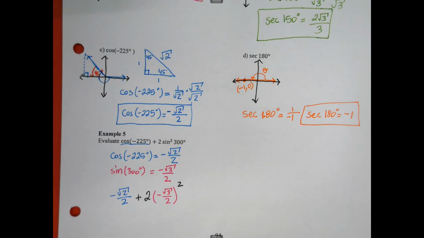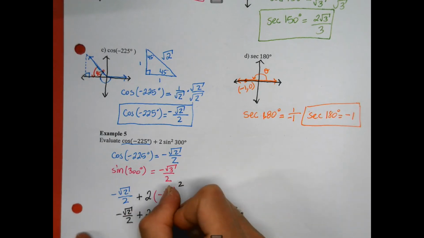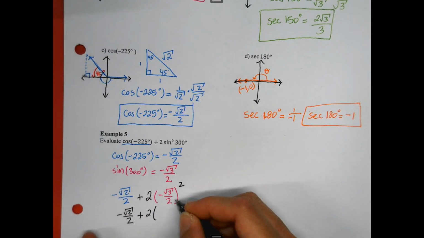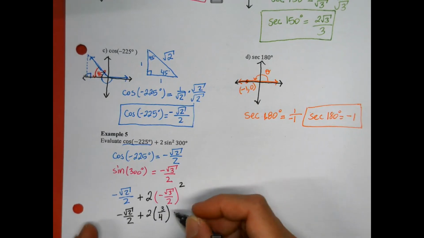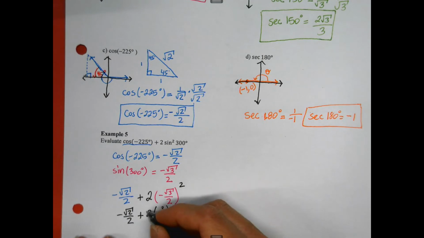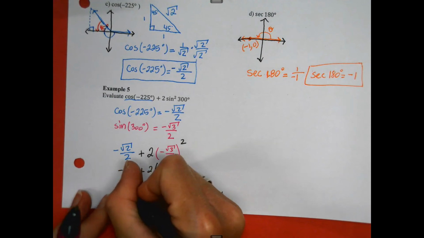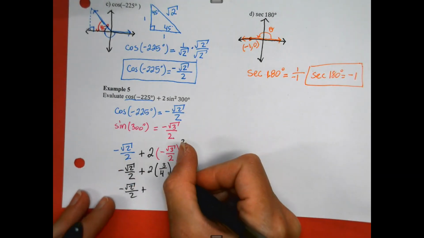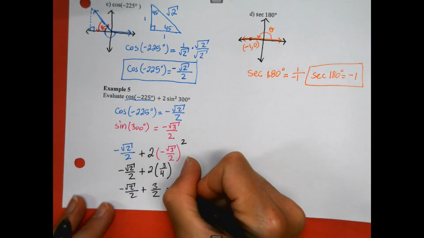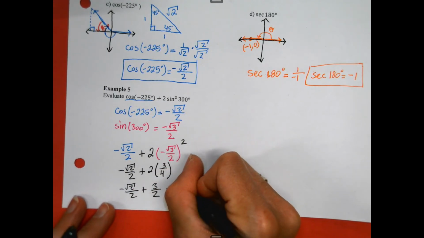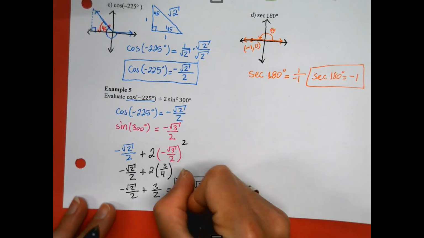This is going to be negative square root of 2 over 2 plus 2 times. If we square the square root of 3 over 2, it becomes 3/4. And then if we multiply here, we get negative square root of 2 over 2 plus 6 over 4, which reduces to 3/2. And it's going to be equal to 3 minus the square root of 2, all divided by 2.